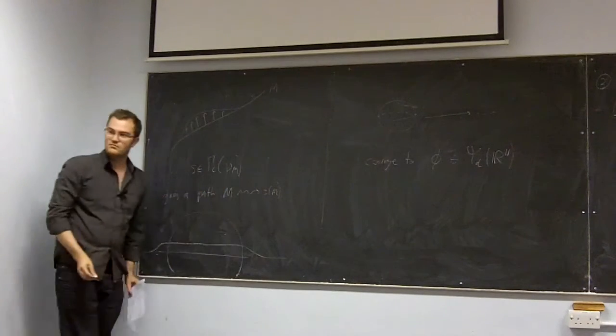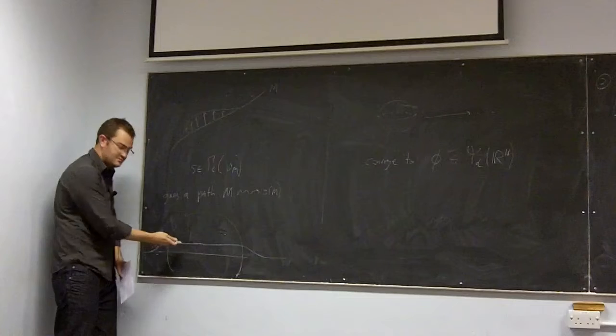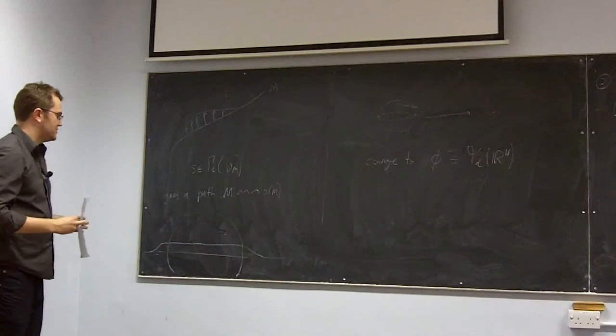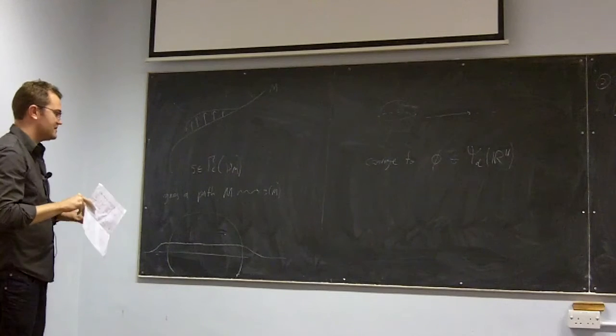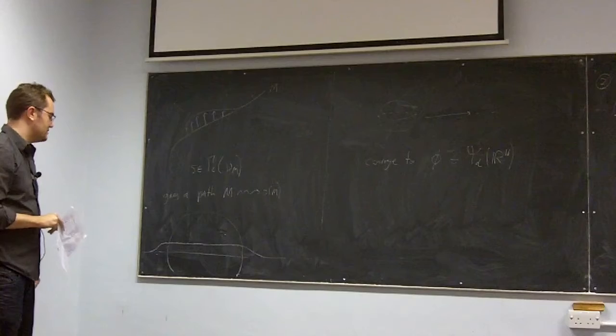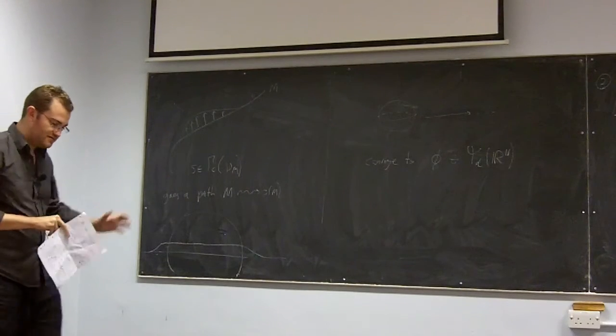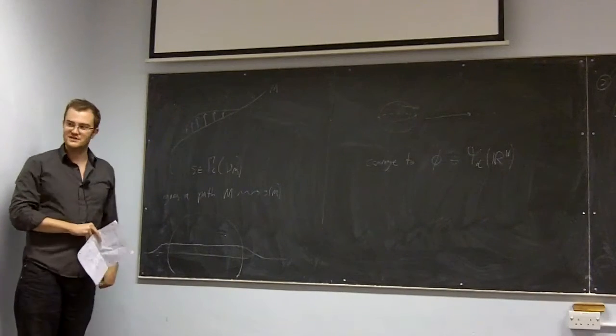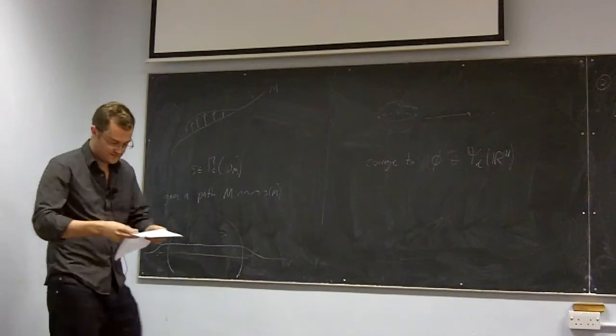And on that compact set, that's indistinguishable from this section. So it's a bit painful to actually describe the topology, but this is the idea. Convergence is convergence on compact sets, and compactly supported deformations are continuous.